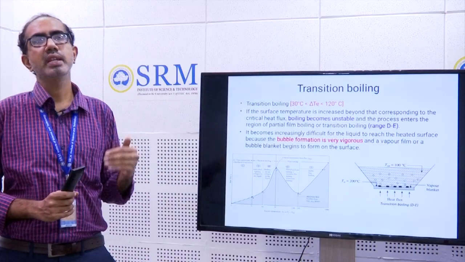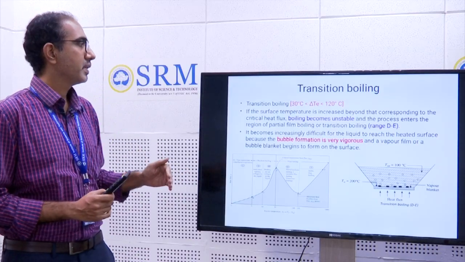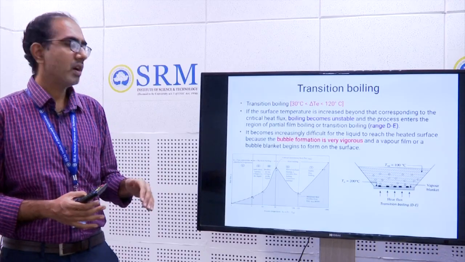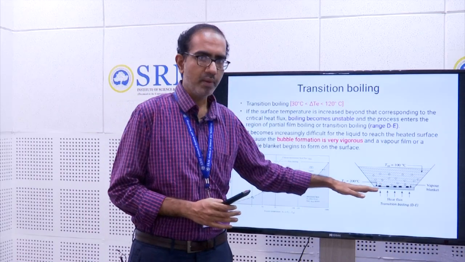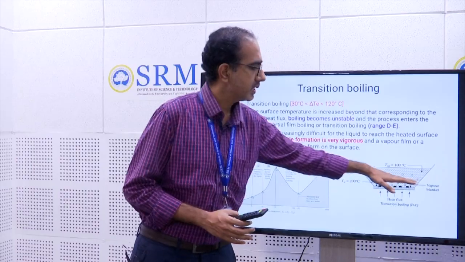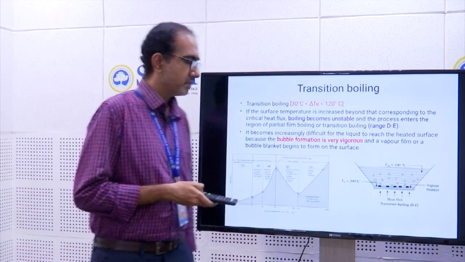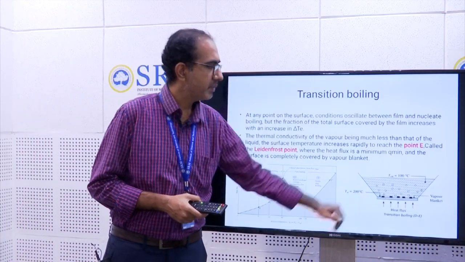The reason the heat flux is decreased is that the bubble formation is very vigorous here. Near the surface, once the bubbles form, they break down and a vapor blanket is created here.